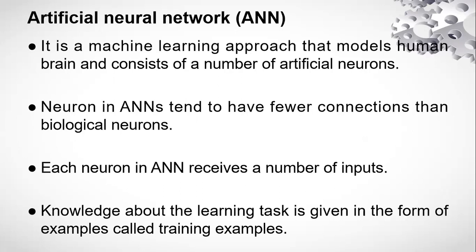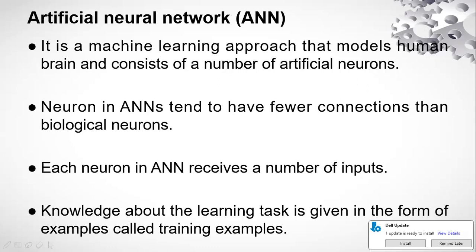Well, now if I conclude all the things, I would say that an artificial neural network is a machine learning approach. It models or mimics the human brain or human intelligence, and it consists of a number of artificial neurons. Neurons in an ANN tend to have fewer connections than biological neurons.